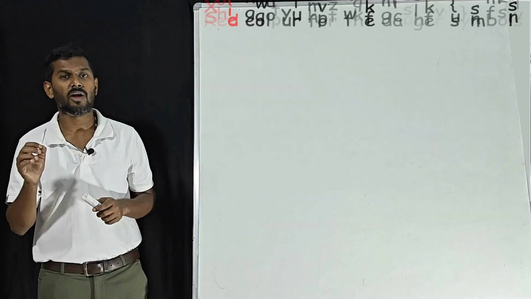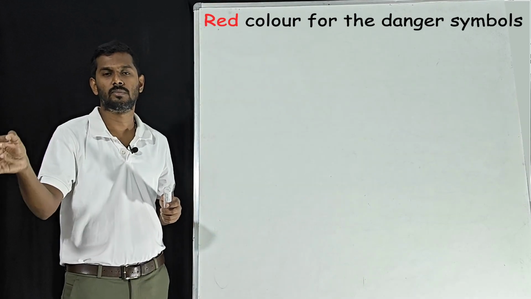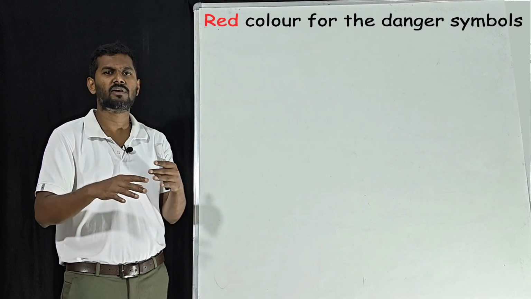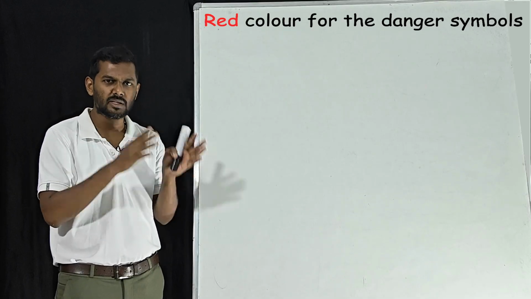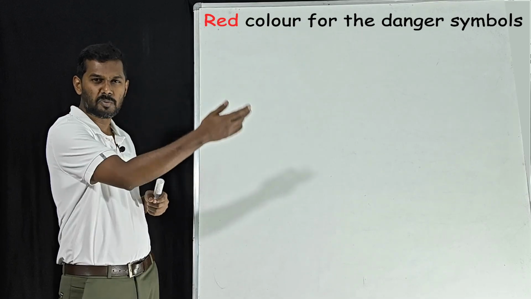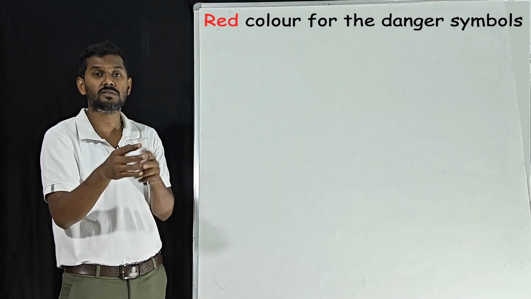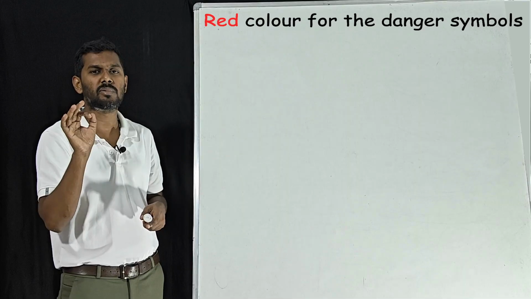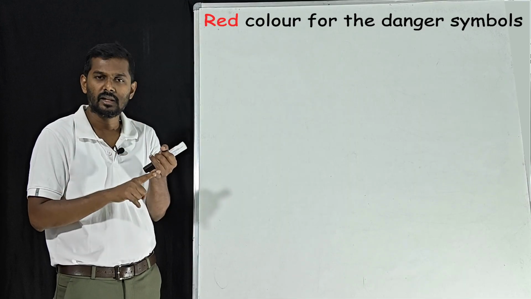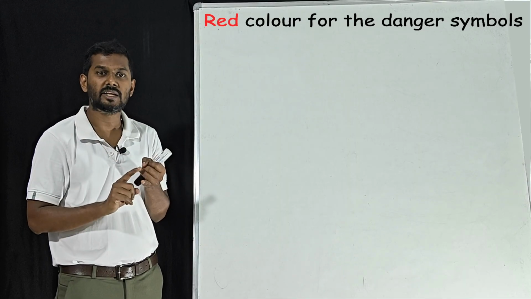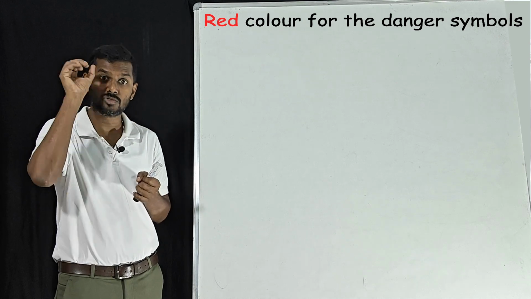Now we'll understand why we use red color as a danger symbol. Not only for the danger symbol, whenever there is any question related to red color light, about why we are using red color and why we cannot use other colors, a very simple thing you should know: red color has maximum wavelength and it scatters least. These two points you have to write.